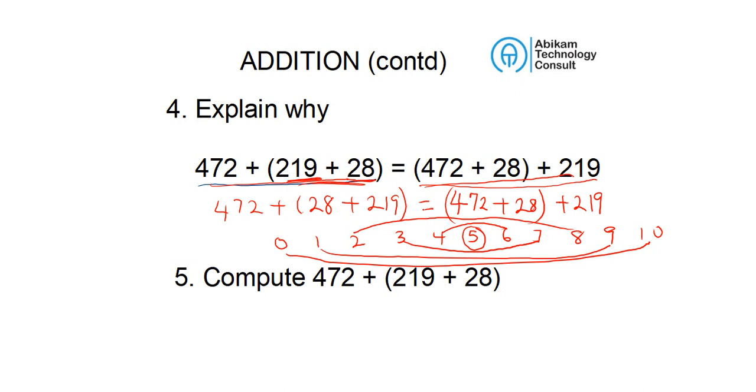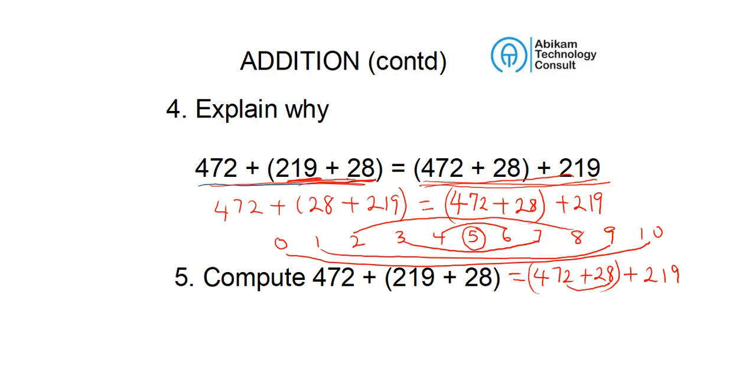So based on that, we can simply say that 472 plus 219 can be equated to the right hand side here. 472 plus 28 plus 219. Now you can see that 2 and 8, they are a pair of 10. So they add up to give us 10. Is that clear?